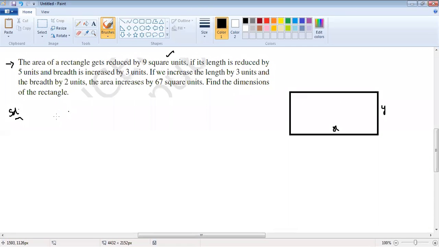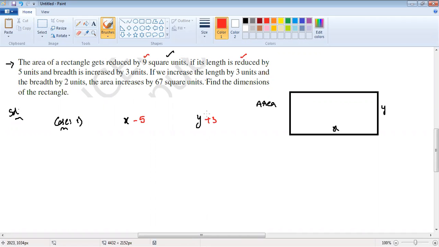So case one: we took length x and breadth y. If the length is reduced by 5 units, it is x minus 5, and the breadth is increased by 3 units. Then the area of the rectangle gets reduced by 9 square units.